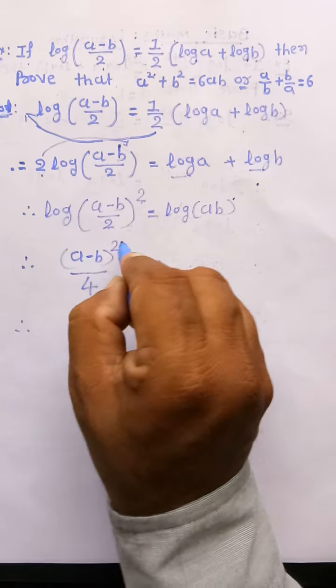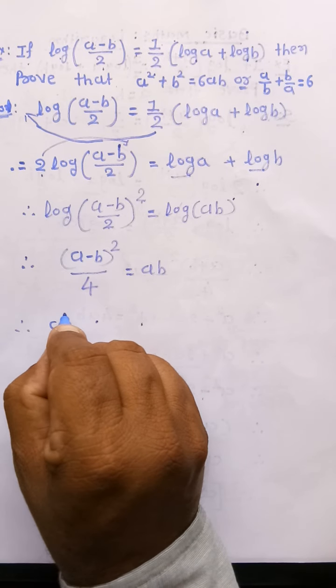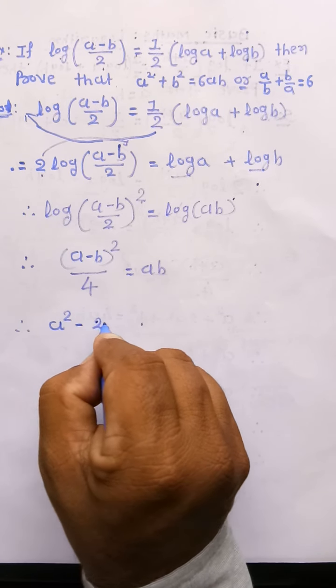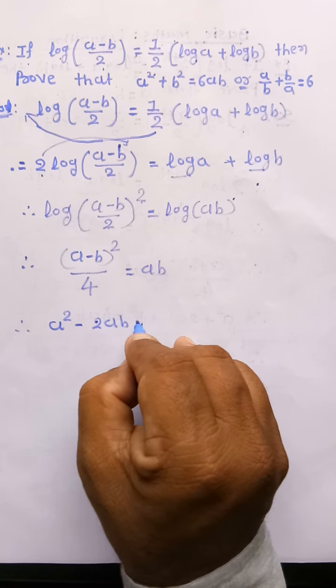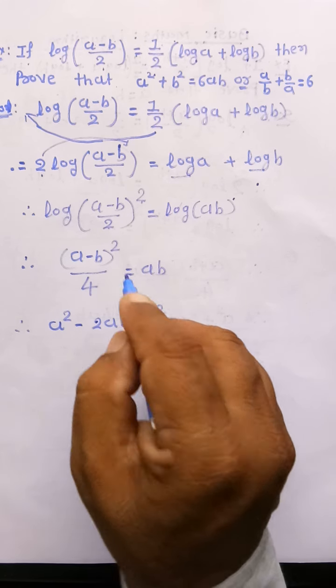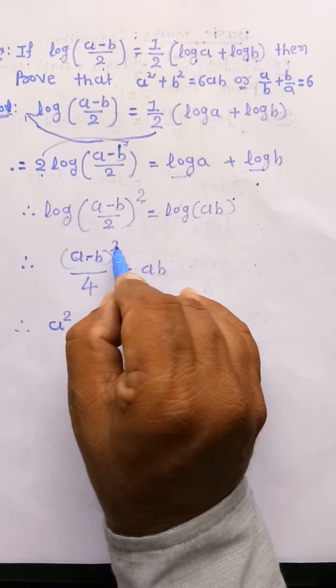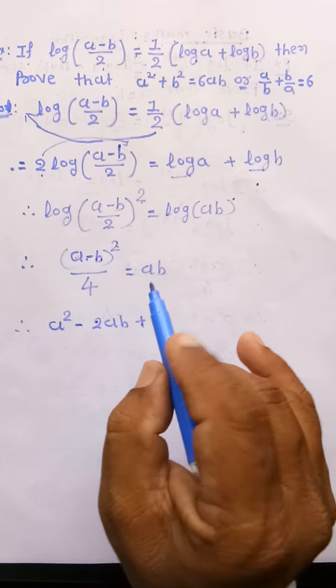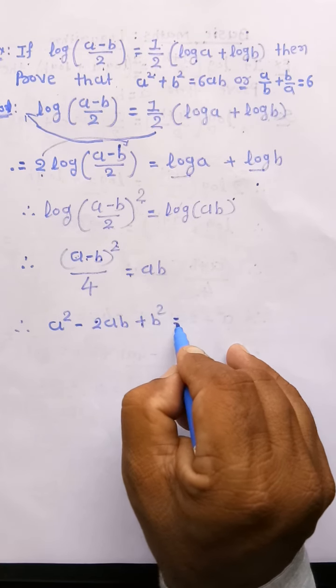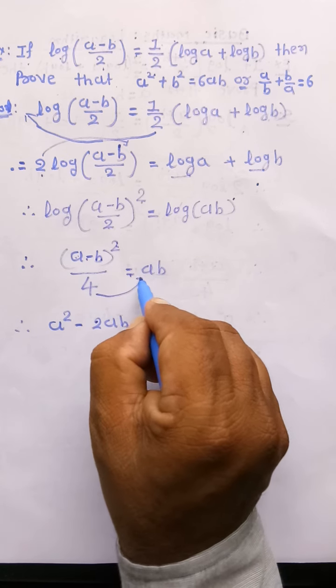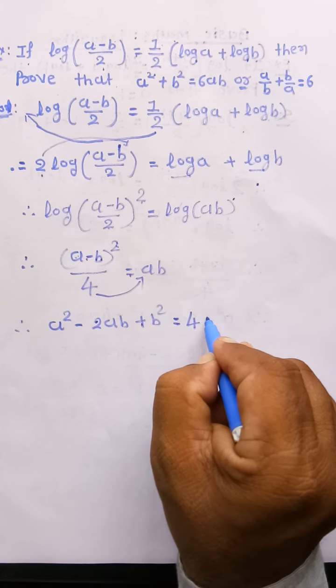Now (a minus b) whole square is equal to a square minus 2ab plus b square. A square minus 2ab plus b square is equal to, here 4 is divide, then on the other side in multiplication 4ab.